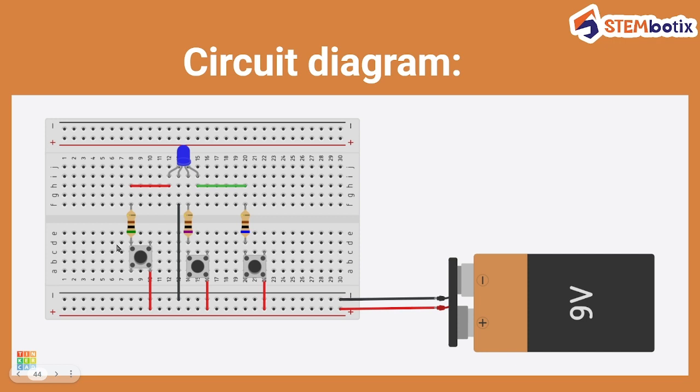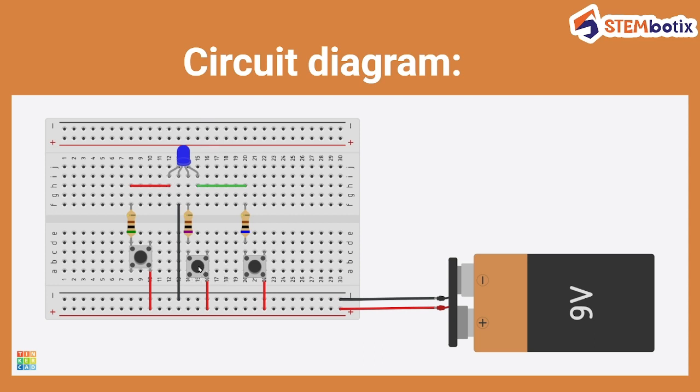So in this particular circuit, the result will be seen whenever you press the respective push button. By pressing this push button, your LED will turn on with red light emission.